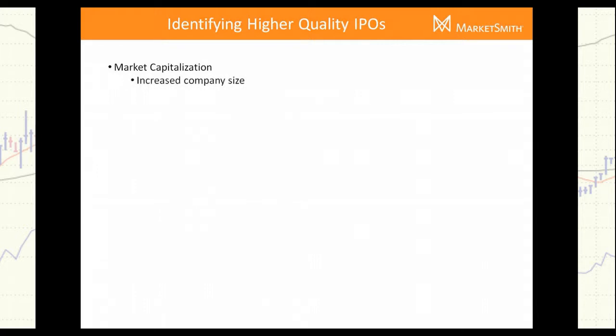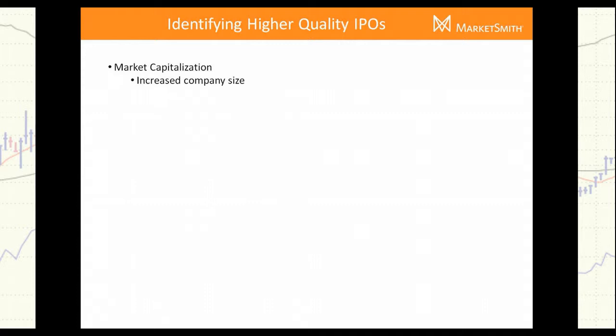Once they go public, I'm looking for market capitalization in the billions. I'm not looking to trade micro caps, $200 or $300 million company size. I'm looking for ones that have been an established brand for years, then go public in order to grow their company even more. Now they're just using the money they raised from the IPO to increase their sales and their dominance in the space.